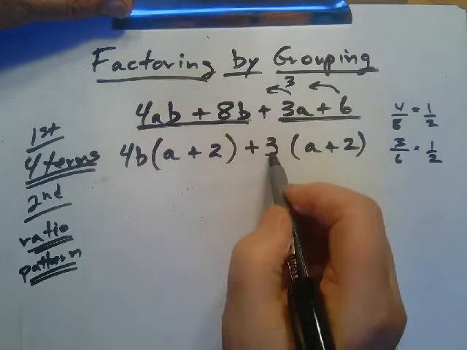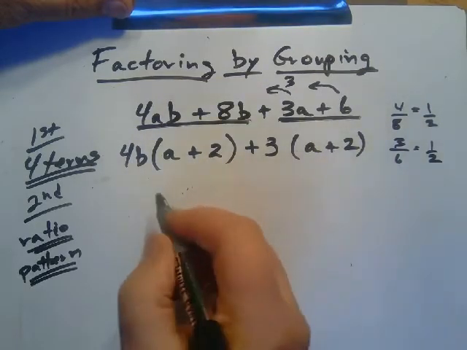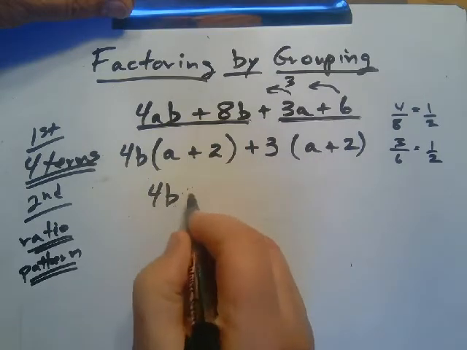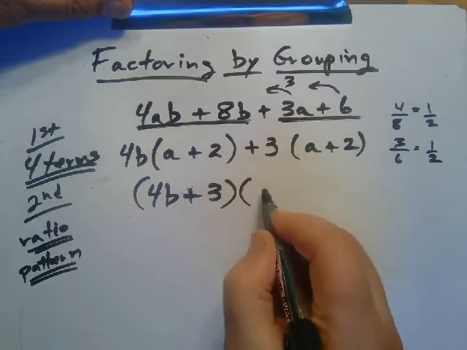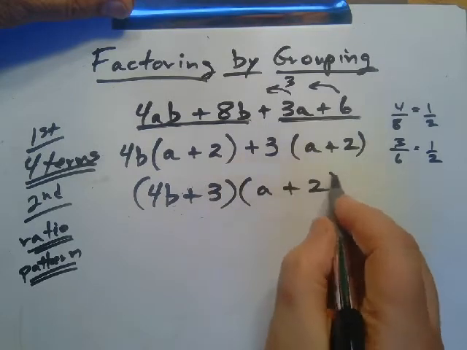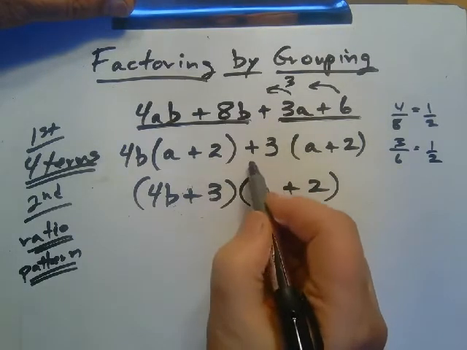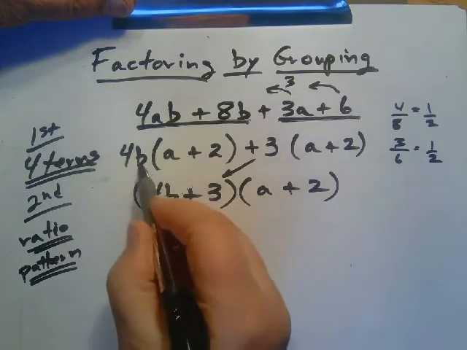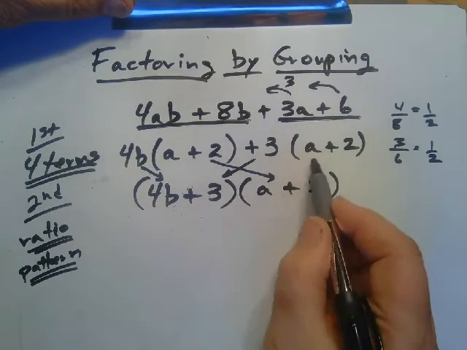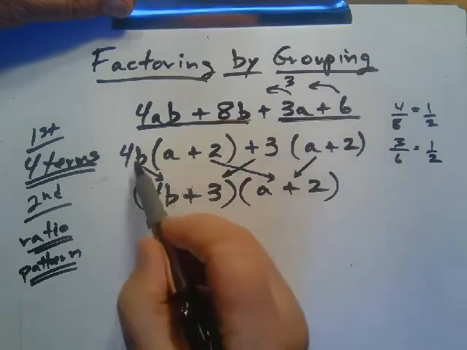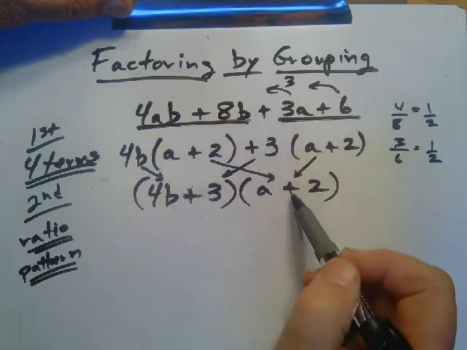If both of these are multiplied times a plus 2, then I can actually marry 4b and 3 together and marry a plus 2 together. Now, these are what I call the marriages, okay? These two are going to hold hands, and these two shall become one.